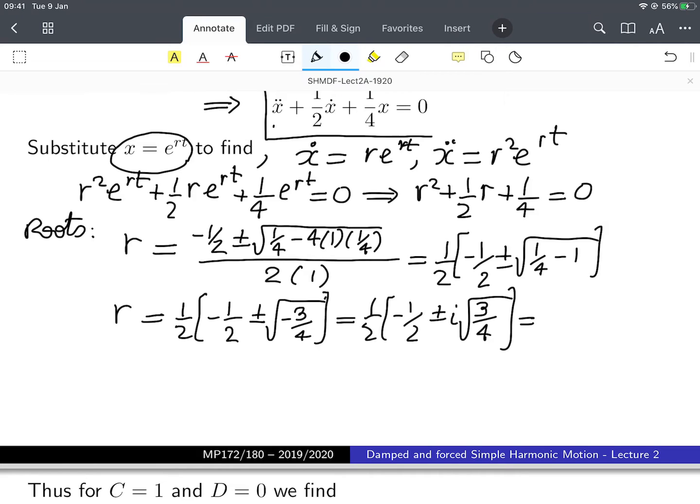And then a half times minus a half, that's minus a quarter. The square root of 3/4, that's square root of 3 over 2, times a half, that's going to be square root of 3 over 4. Plus or minus i square root of 3 over 4. And so I have complex roots.